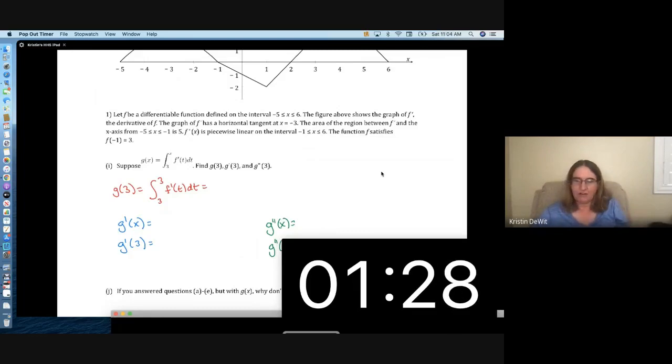When you think you have all three parts maybe correct, put a smiley face in the chat. When you're done and you think you did them all right, give me a smiley face.